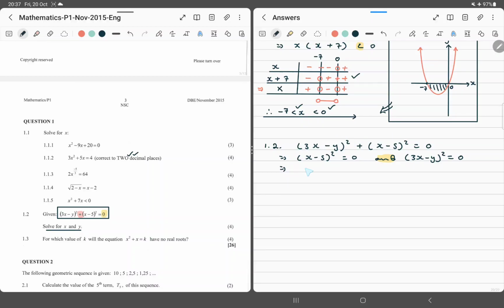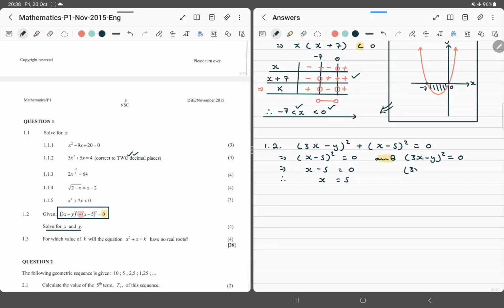Okay, which implies when we solve this one, we essentially take the square root on both sides. We know that x minus 5 is going to be 0. Remember, for 0, you can't say plus or minus 0. 0 is just 0. So here x is going to be 5. Okay, and then we get to this one. Now that we know what x is, we are going to substitute x.